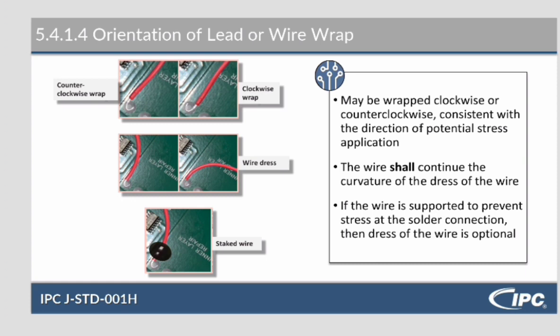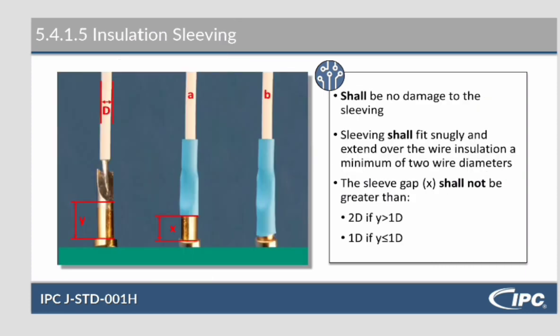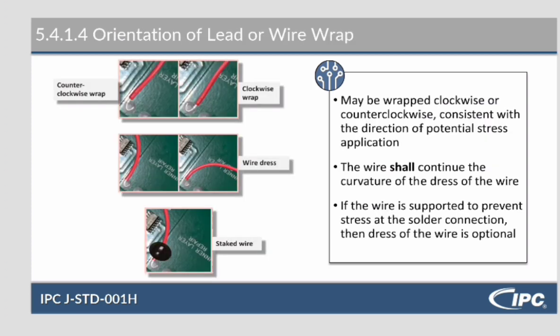The wire shall continue the curvature of the dress wire. See how this one goes down into a little J, and this one just rolls around like this. If this one is coming to the right, you don't want to go over to the left and then wrap it around that way. You can just keep going around in a nice little curve. That's the shell there.